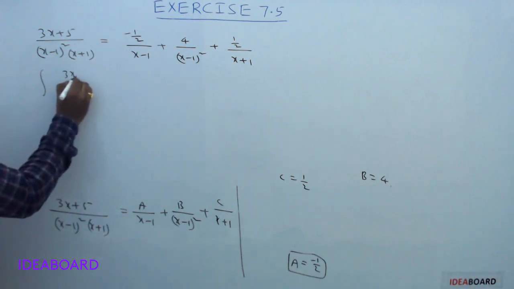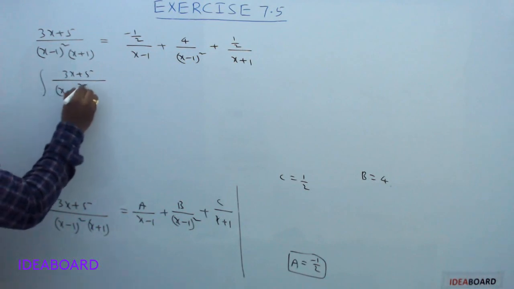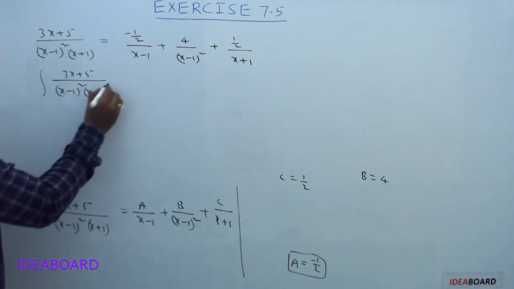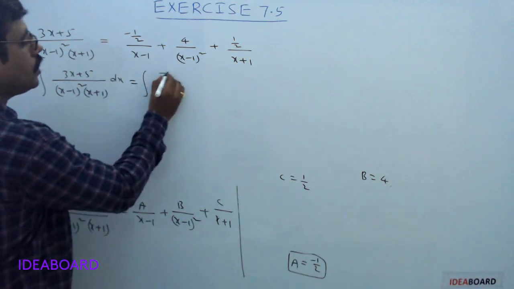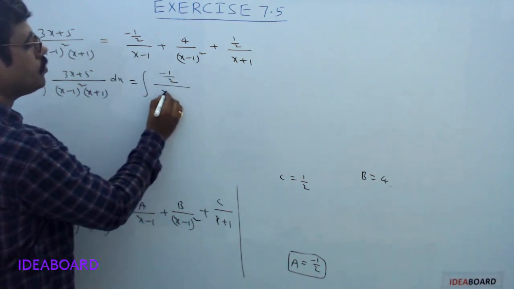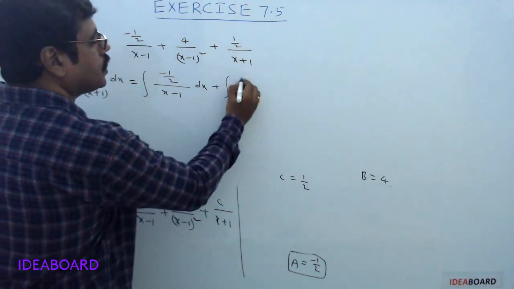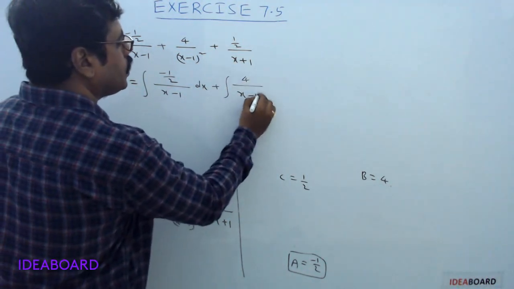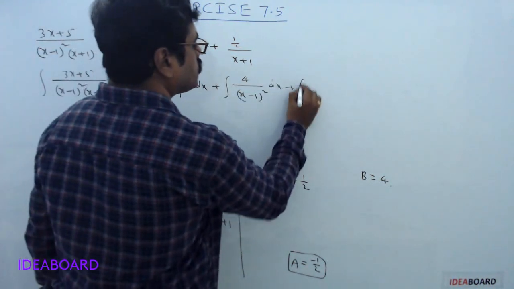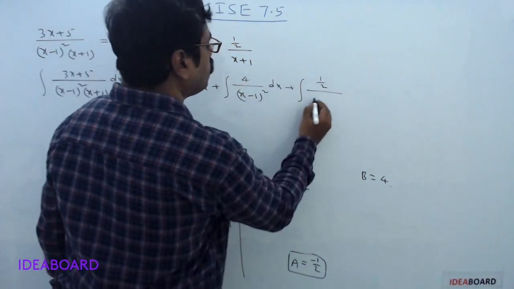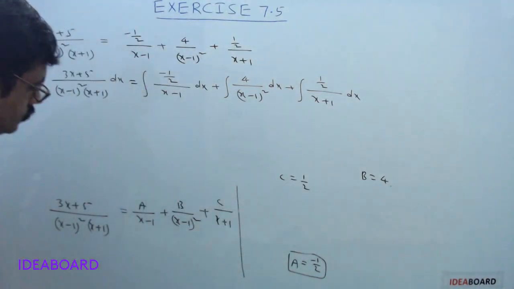So it is integral 3x plus 5 divided by x minus 1 whole square into x plus 1 dx equal to integral minus 1 by 2 divided by x minus 1 dx plus integral 4 divided by x minus 1 whole square dx plus integral 1 by 2 divided by x plus 1 dx.